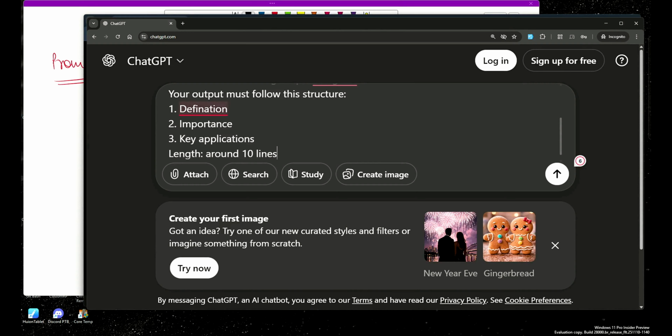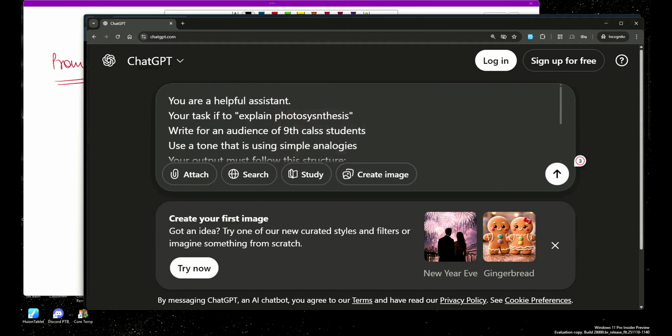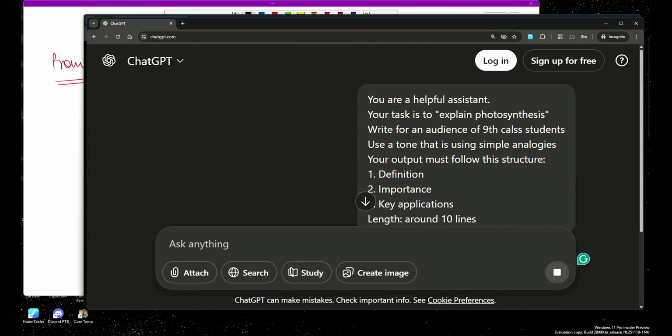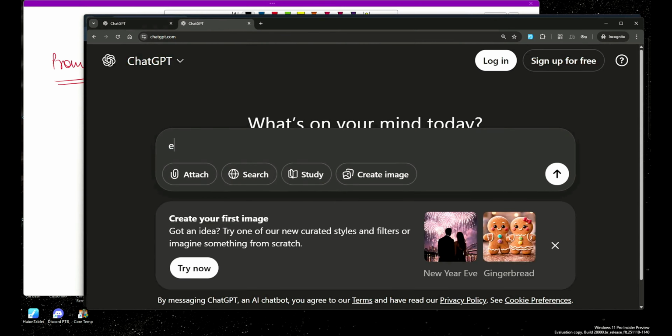Now I'll just correct the words and the grammatical issues for a while. I ask this, and in the meantime I also open another window to ask, explain photosynthesis.